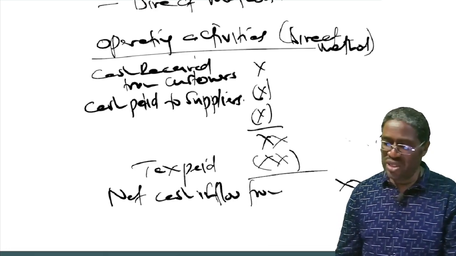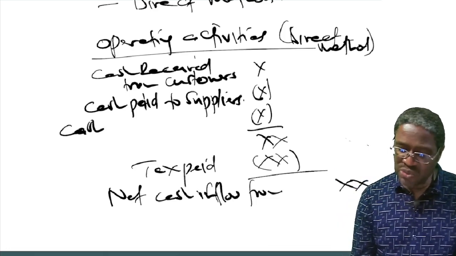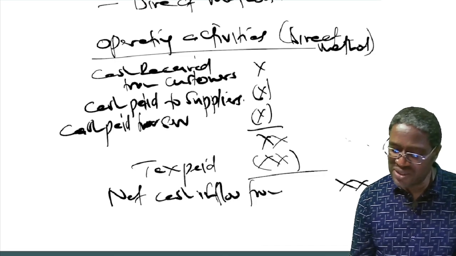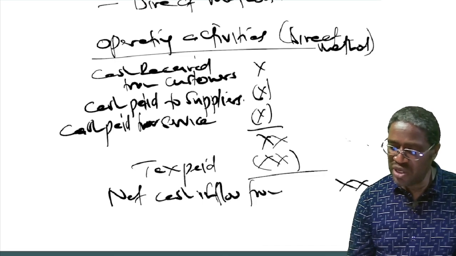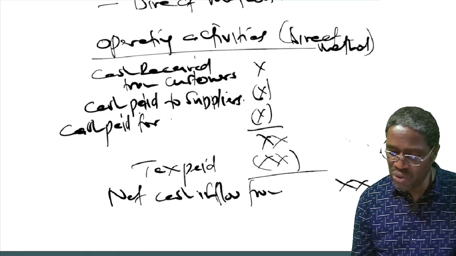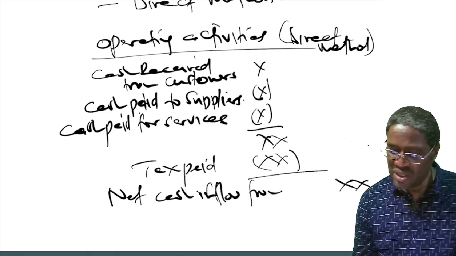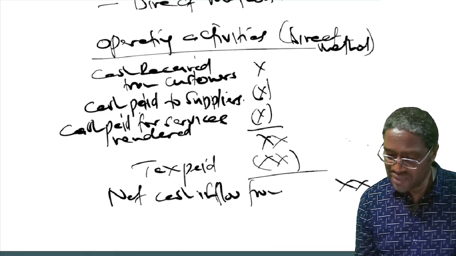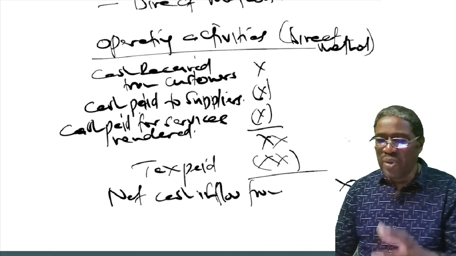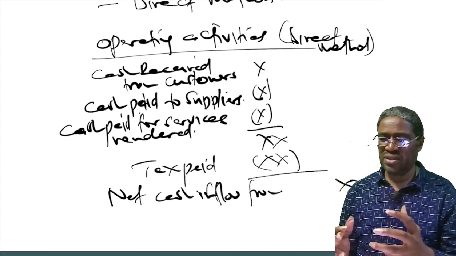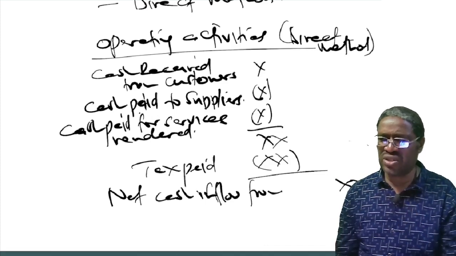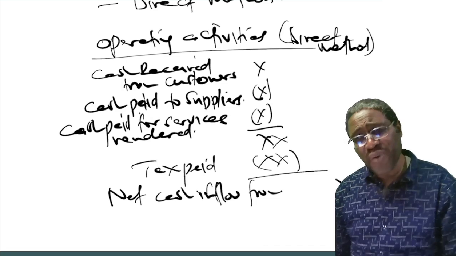The third figure you need is what we call cash paid for services rendered. Now, as a business, there are people who gave you service. So you need to know, to all the service providers, how much did you pay them?